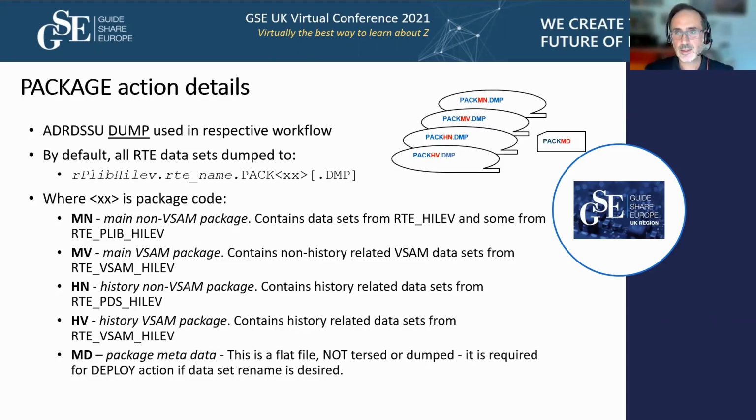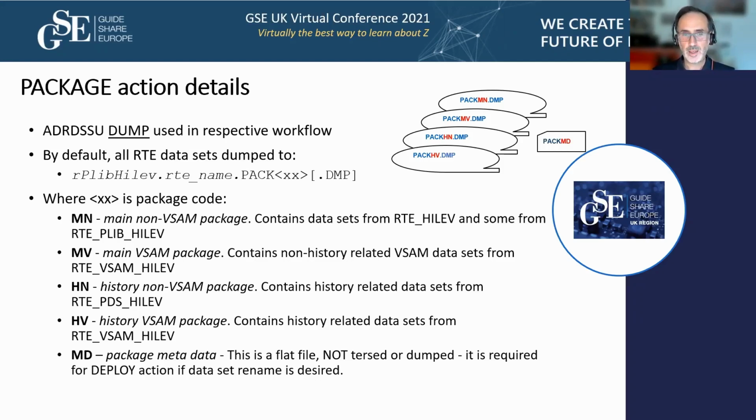Package creates a series of dump files for you. Why a series of dump files? First of all, there are RTEs that can get very big, and it might be more manageable to have smaller dump files. But also functionally speaking, these dump files have differences. So we distinguish between two types of package files.